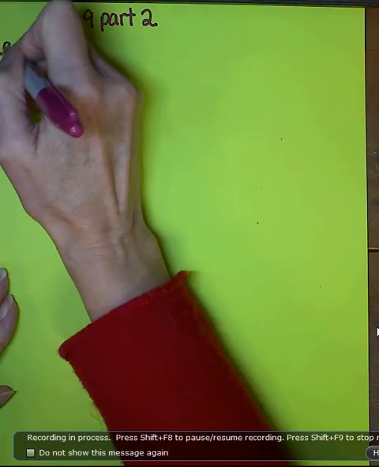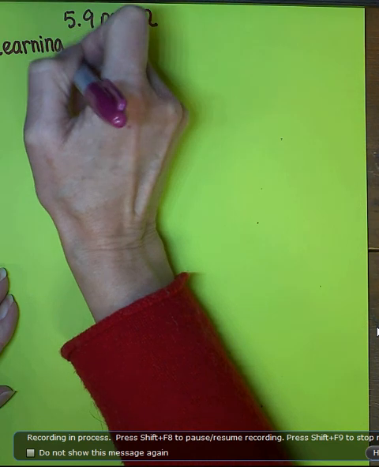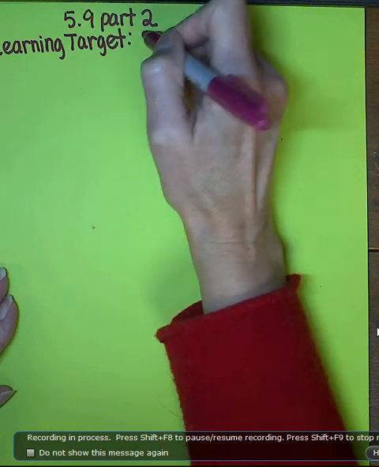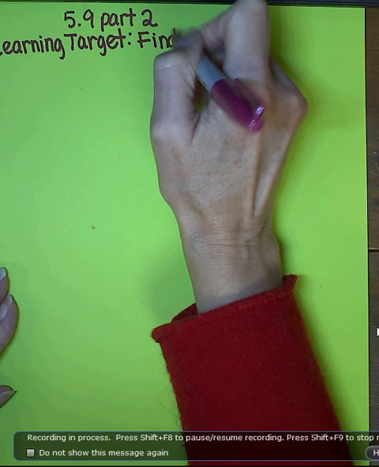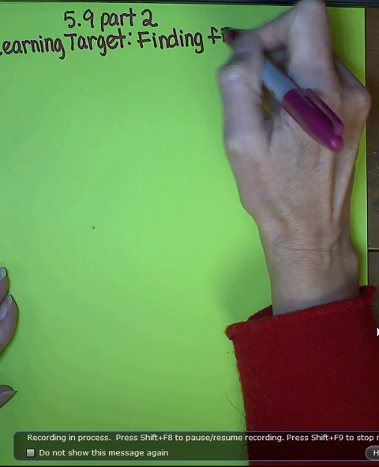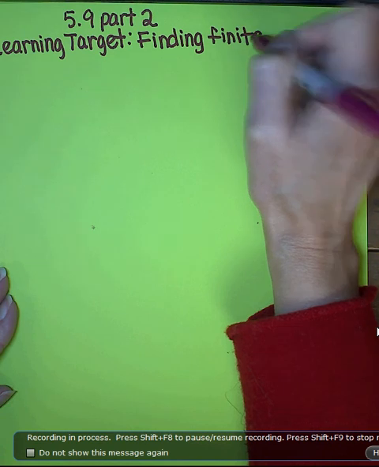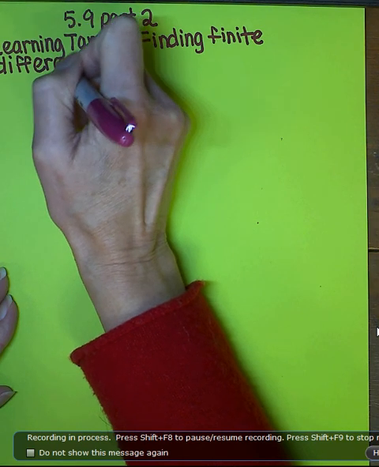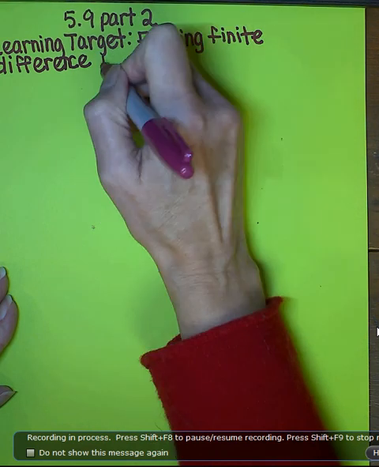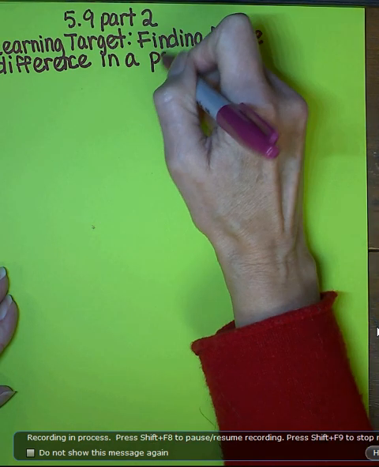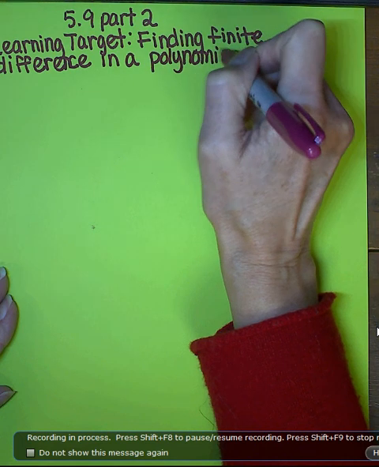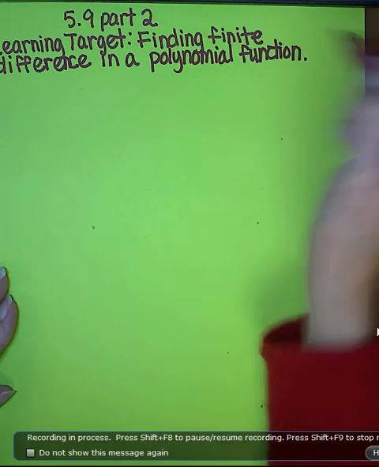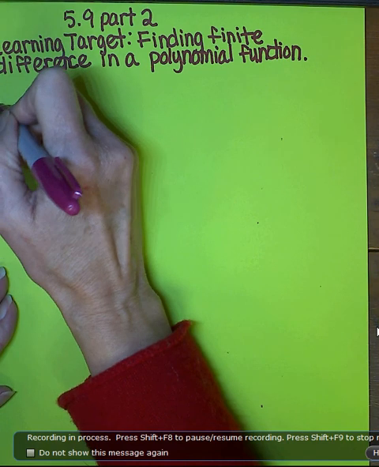The learning target: finding finite differences in a polynomial function. So let's define what finite differences are.